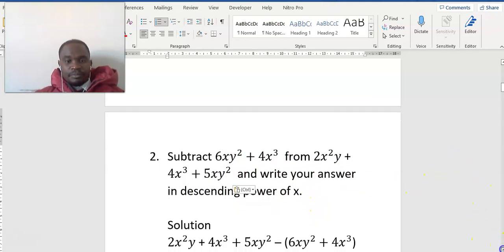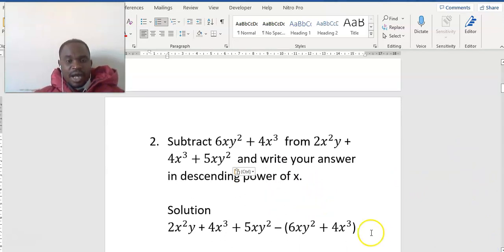So what are we going to have? You are supposed to write this one because we are subtracting it from it. This one first. So 2x squared, 4x cubed, then 5xy squared minus this one.